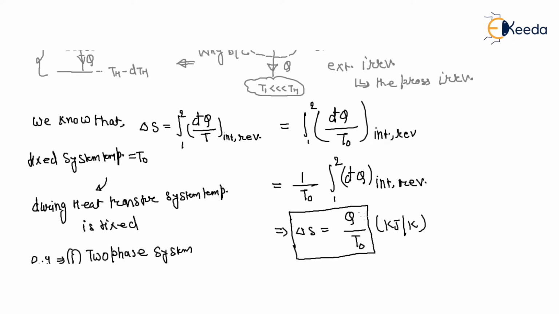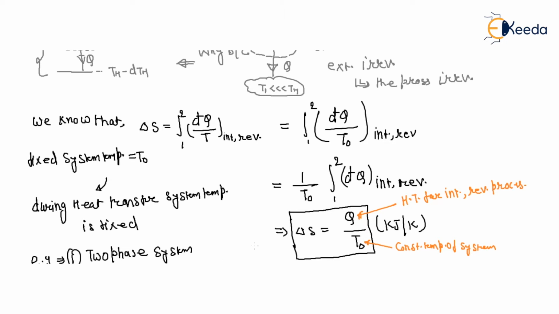This T naught is the constant temperature of the system, and this Q is the heat transfer for an internally reversible process, right?